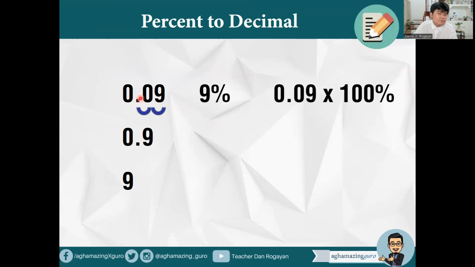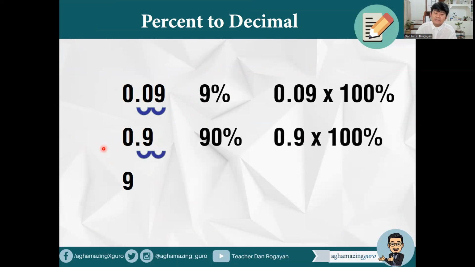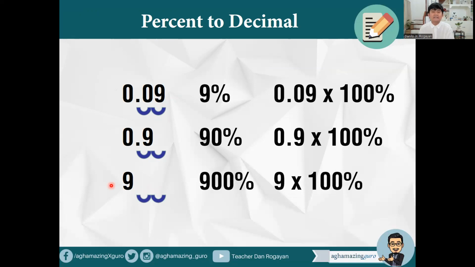But you can just move the decimal point from left to right. 0.9 is 90%, or 0.9 times 100%, that is also 90%. For the whole number 9, the decimal point is invisible, so 1, 2, that is 900%. That is 9 times 100. So again, you can actually answer it by inspection.